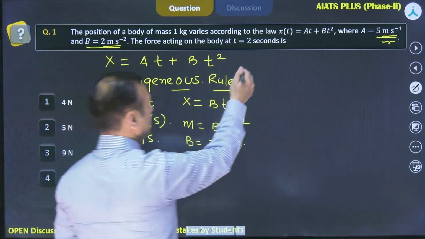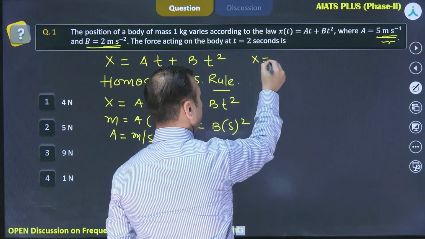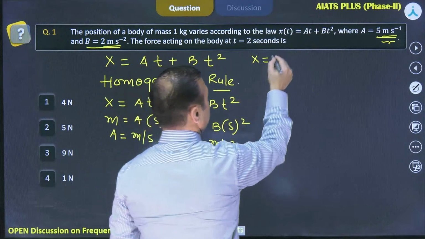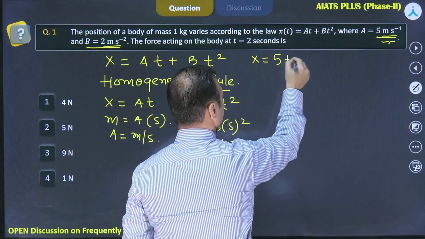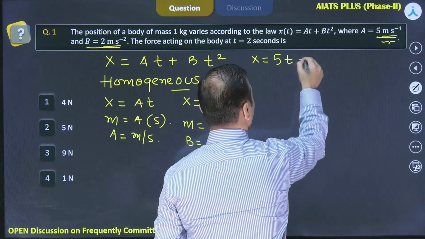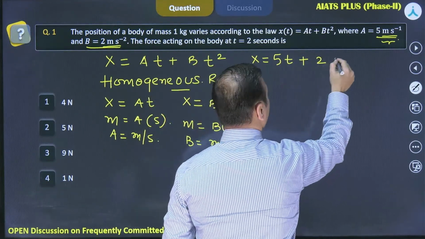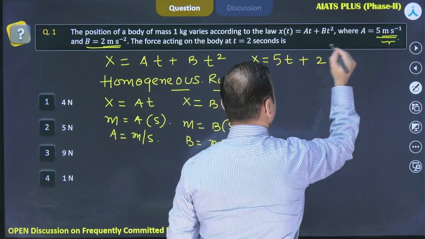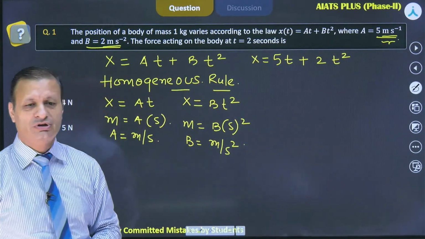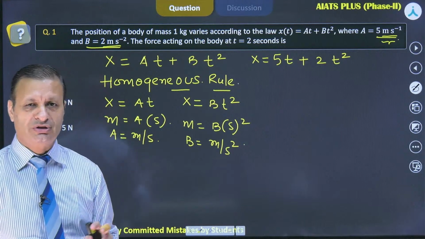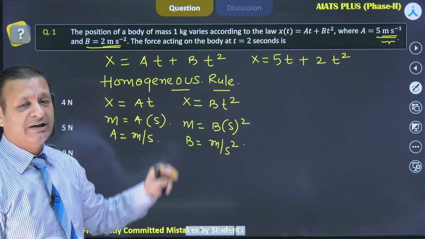Now if I write down this equation again, it is x equal to 5t plus B as numerically 2t square. So this is your equation, we have rewritten that equation.